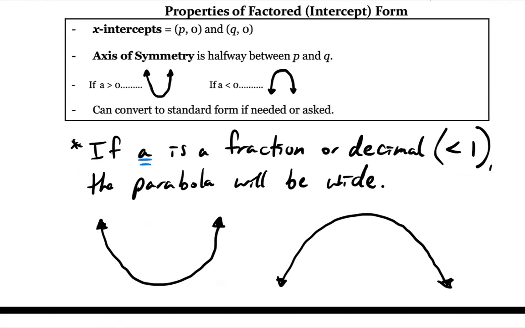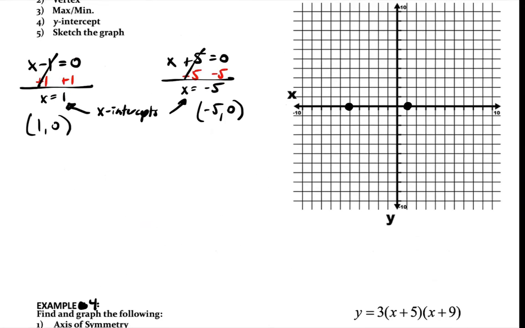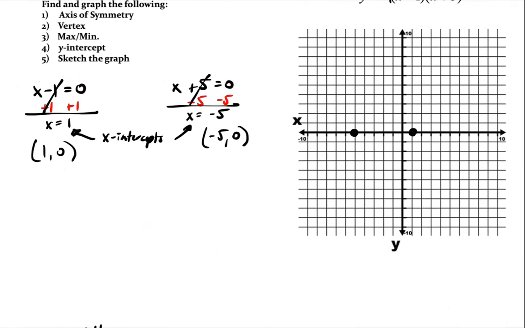The next thing it said, after you found the x-intercepts, was the axis of symmetry. It's halfway between those 2 dots. So find out the halfway point. What's the halfway point of those 2 dots there? How do you know where the halfway point is? The easy way to do it is to add them together, 1 plus -5, and then divide by 2. So if I add them together, I get -4 divided by 2, which is -2.